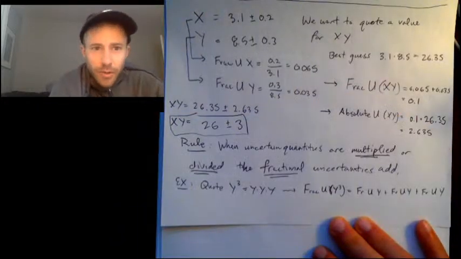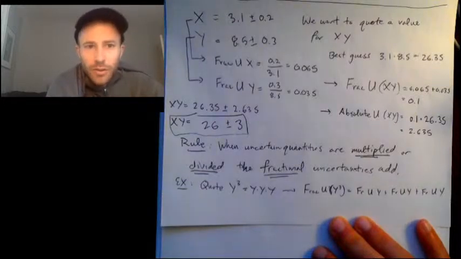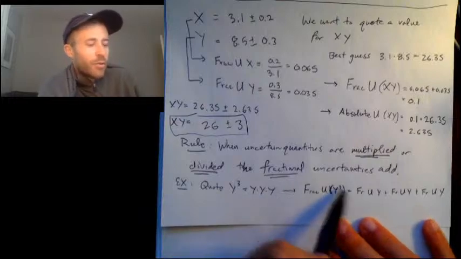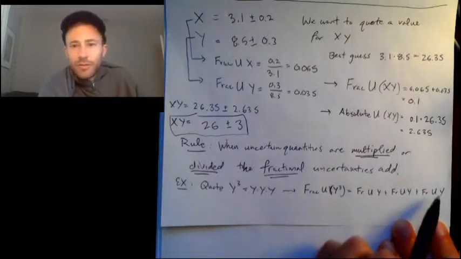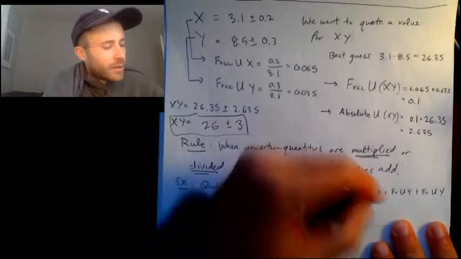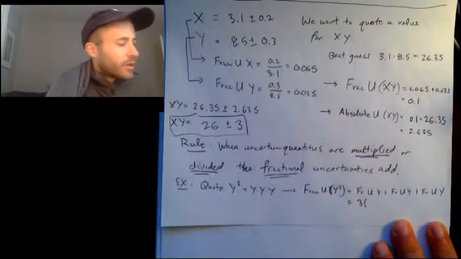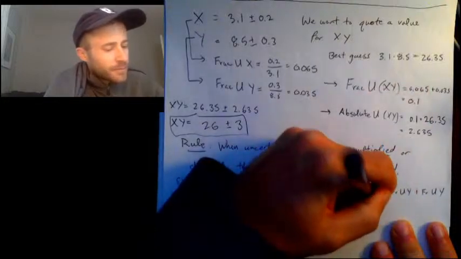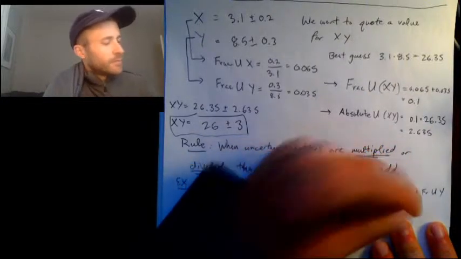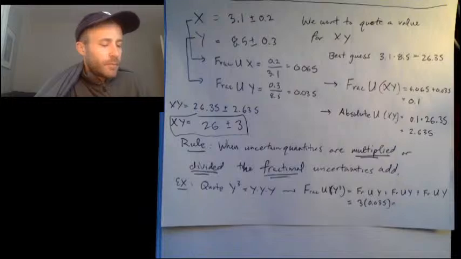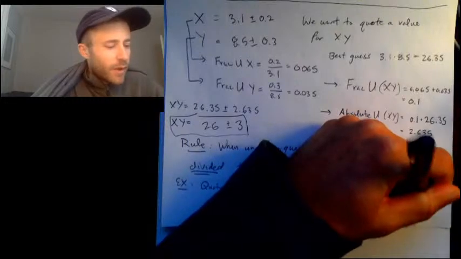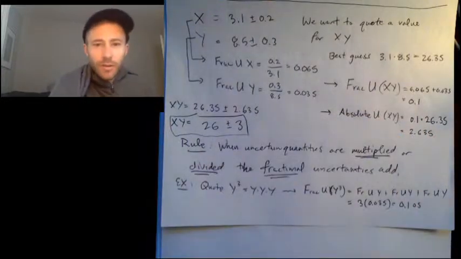So if you raise something to a power, you need to multiply the fractional uncertainty by that power, because I raise it to the third power and I have 3 fractional uncertainties added together. So that's 3 times the fractional uncertainty in y, which was 0.035. So that's 0.105, my fractional uncertainty in y cubed.